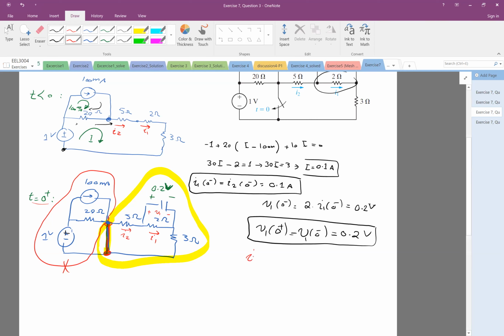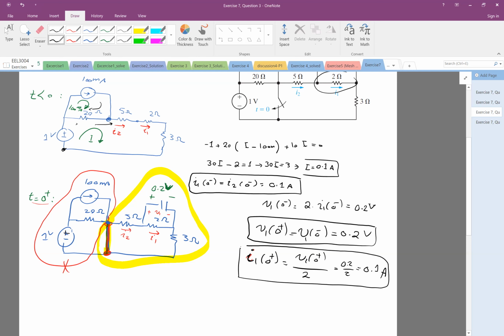So I1 at 0 plus is V1 at 0 plus divided by 2, which is 0.2 divided by 2, 0.1. This is I1. How about I2?